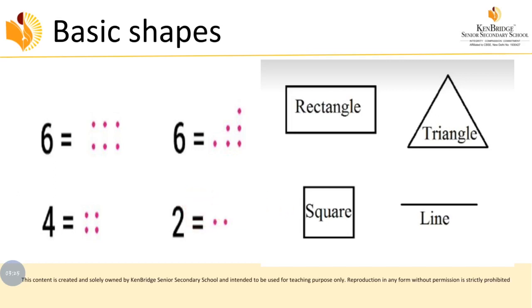So these are the basic shapes. Likewise, we can represent the number using dots. This is called a pattern. So we can arrange the numbers in some elementary shapes using the dots. Those elementary shapes are rectangle, square, triangle and line.